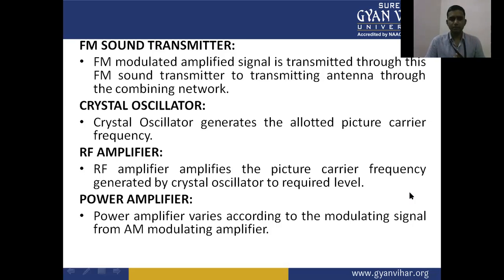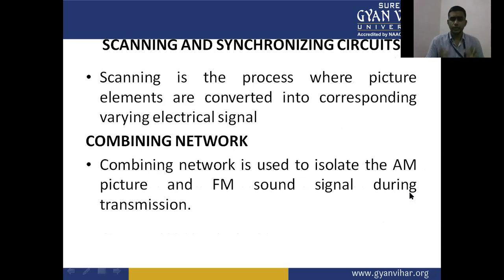Power amplifiers amplify the signal, which varies according to the modulating signal from the AM modulating amplifier. Scanning and synchronizing circuits. Scanning is a process where picture elements are converted into corresponding varying electrical signals.